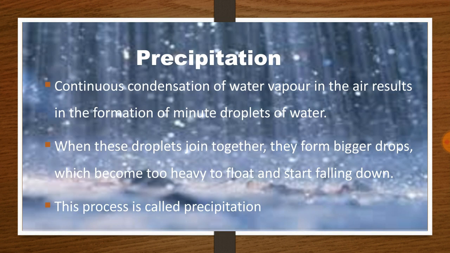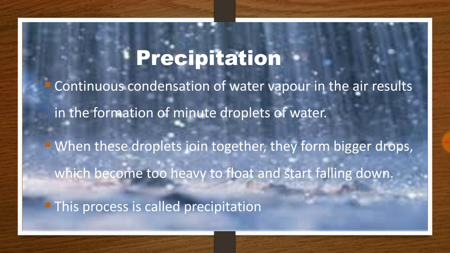Precipitation. We have already explained in previous sessions about precipitations. What is precipitation? Let's check it out. Continuous condensation of water vapor in the air results in the formation of minute droplets of water.